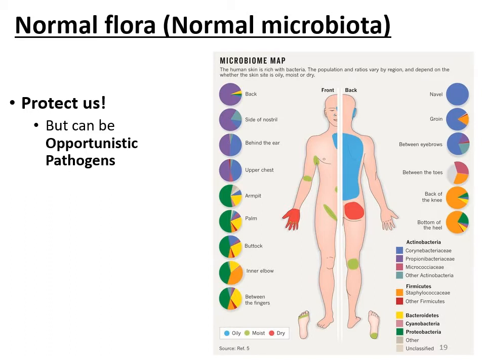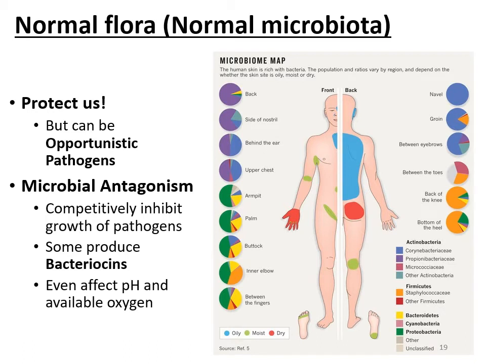Now, let's get back to the fact that they do normally help us and protect us, and the exact way that they do that is through microbial antagonism. Okay, so if you antagonize something, you're going against it, right? So normal flora can go against other microbes. Now, the way that they're protecting us through this antagonism, first of all, they're competitively inhibiting the growth of other pathogens, of other microbes.